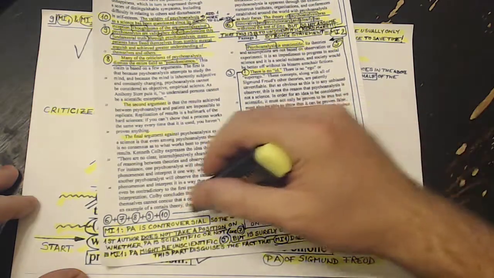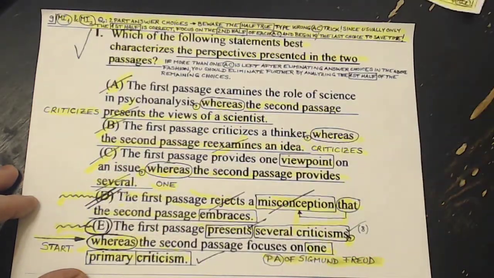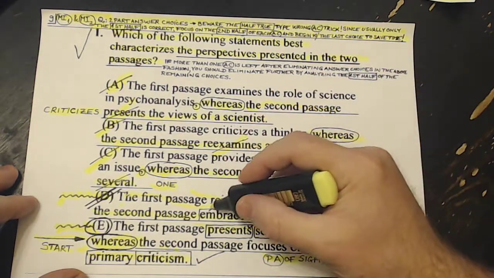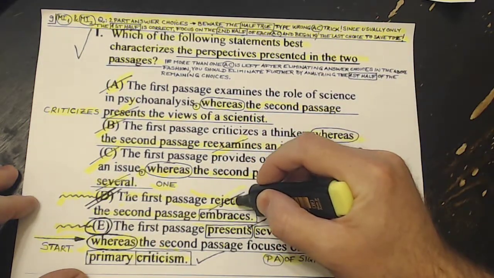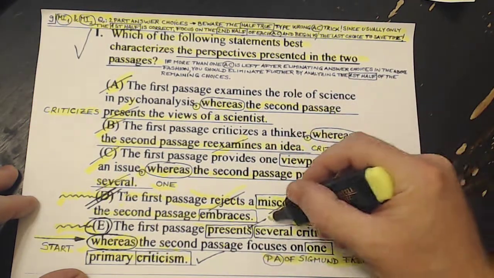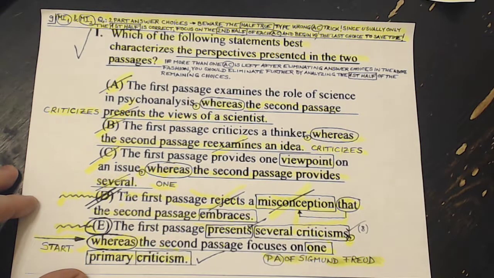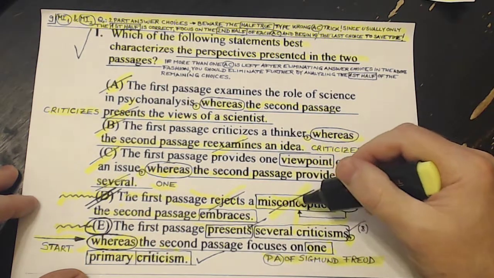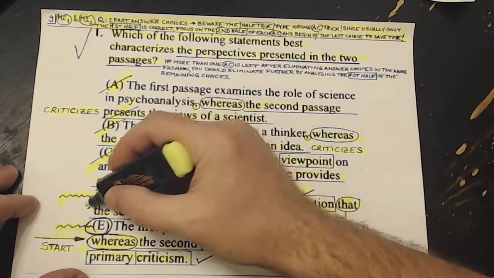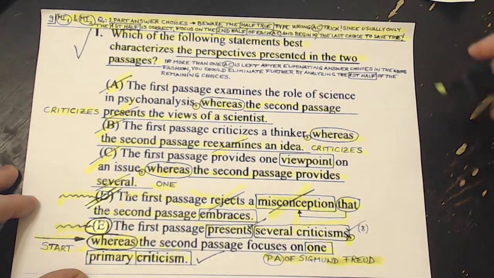So actually the two don't disagree per se, okay? So it's incorrect to say that it rejects anything. It rejects the idea that they are not beneficial, and we don't even know whether this is a misconception. The two passages don't call anything a misconception, so D is wrong, and so choice E is the right answer, okay?